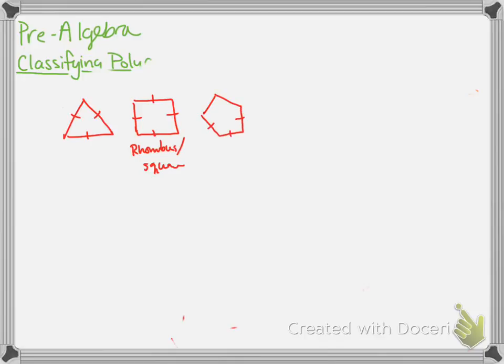Just assume that my pentagon is regular. And then we also have hexagons, which I'm horrible at drawing, but they're 6-sided figures. And again, they all have the same side lengths.